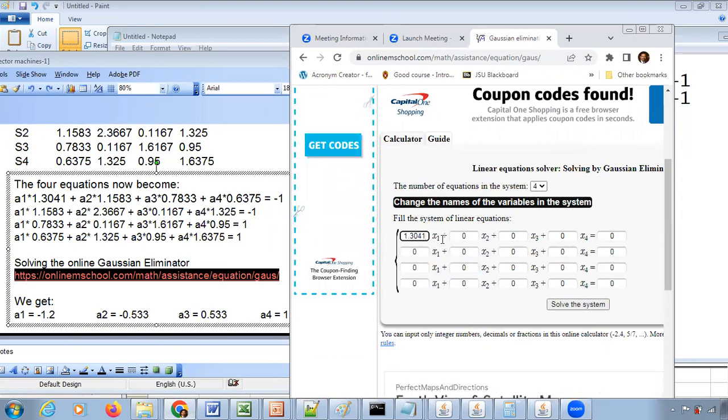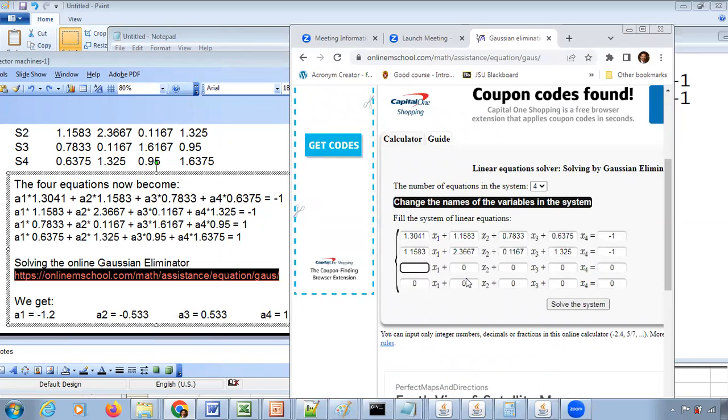So it's 1.3041. Here use x1, x2, x3, x4; those are going to be like our A1, A2, A3, A4. So the first equation, plus 1.1583 times A2 plus 0.7833 times A3 plus 0.6375 times A4 equals -1. That's it. Then press tab, and the control goes to the next equation: 1.1583 times x1 plus 2.3661 times x2, 0.1161 times A3 plus 1.325 times A4, which is also equal to -1.